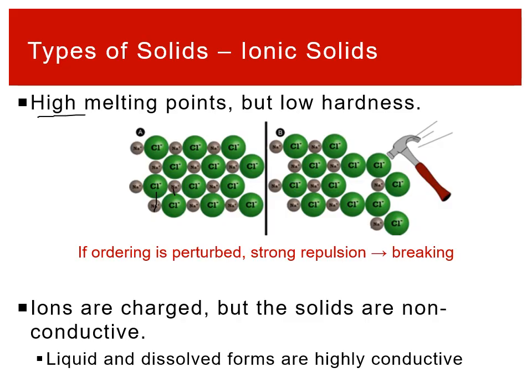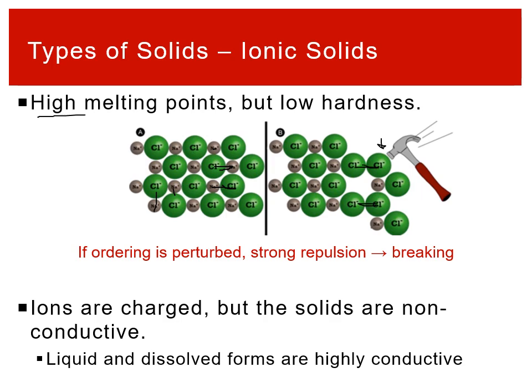But they don't have high hardness. If we think about hardness, it's about scratching, it's about breaking. When you take an ionic solid and perturb it a little bit, taking a hammer and whacking it onto the piece of salt here, you shift the atoms a little bit, and now instead of positive negative contact, it becomes negative negative, negative negative.